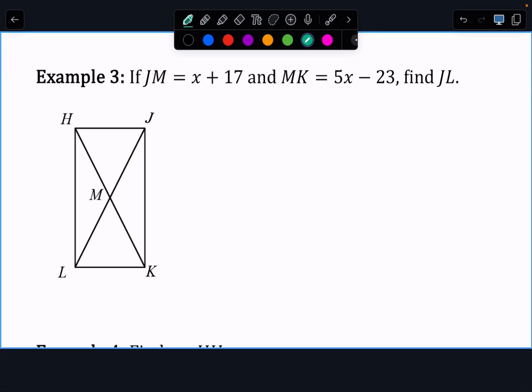What's 17 plus 20? Oh yeah, because they're equal. Okay, now it's find J. So plug it in with 2x plus. I think 10.